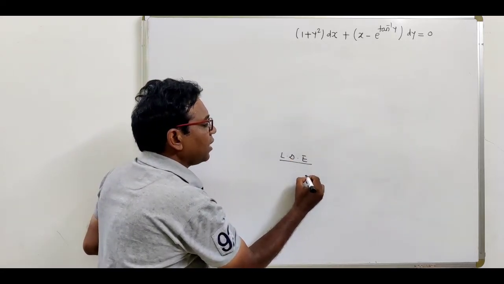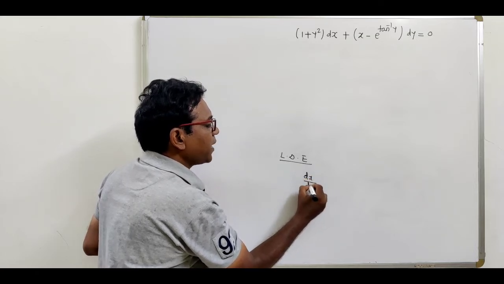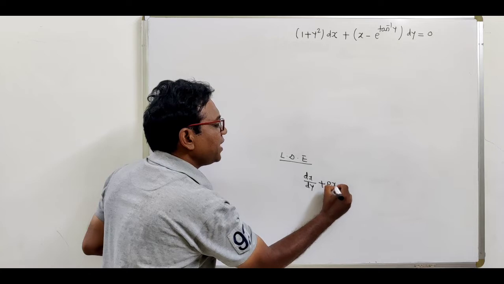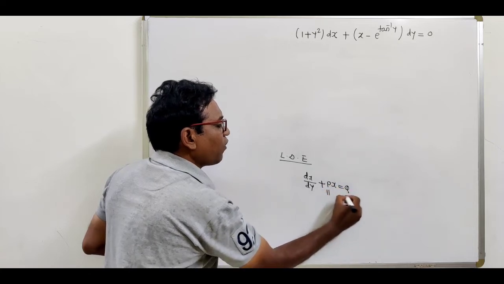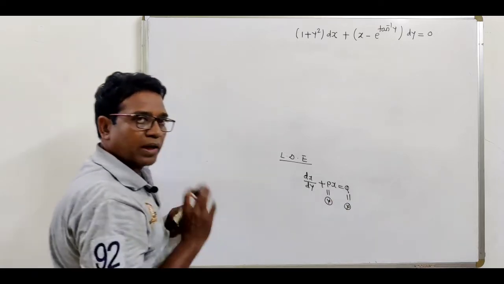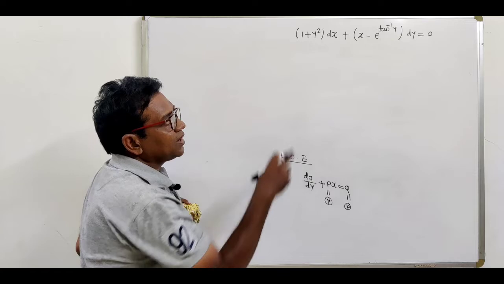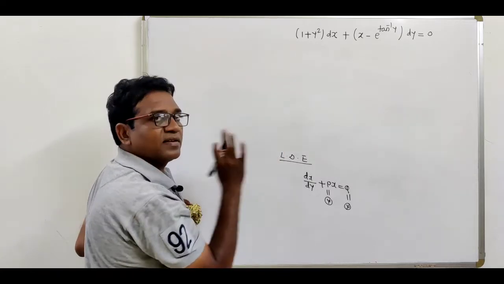That may be a differential equation of the form dx by dy plus px equal to q, where p and q should be functions of y alone. So see, what is our observation? This differential equation contains single x.